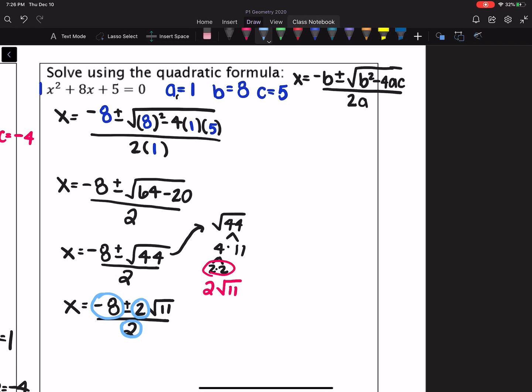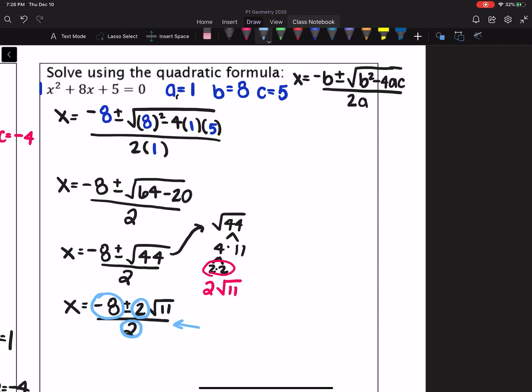So just looking at these three numbers that I've circled in light blue, we can reduce fractions as long as all three of these numbers are divisible by the same number.